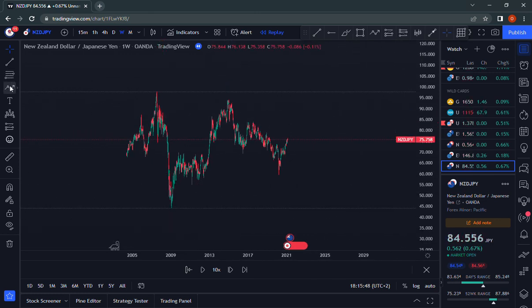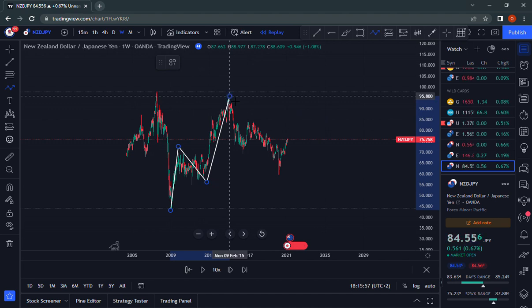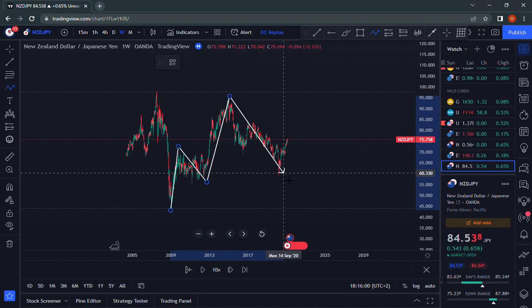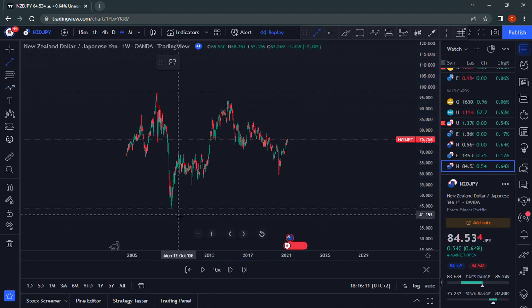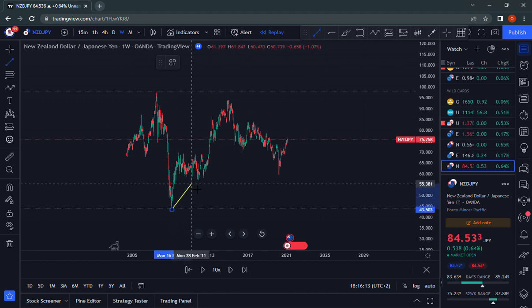This market here has been impulse, correction, impulse, and then after impulse, what do we expect? Correction, right? And then after correction, we expect another impulse. But now, if you look at the trend, let's talk about the trend now.